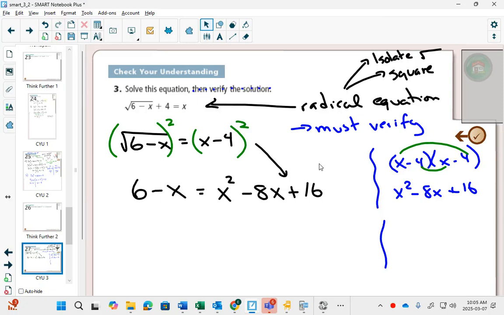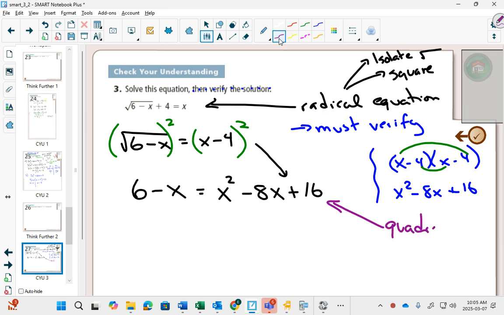So, we did the isolating of the square root and we squared. And as a result, we look at our result and we're like, oh, well now what do I have? Name it again. Now I have a quadratic equation. What did we use to solve quadratic equations?